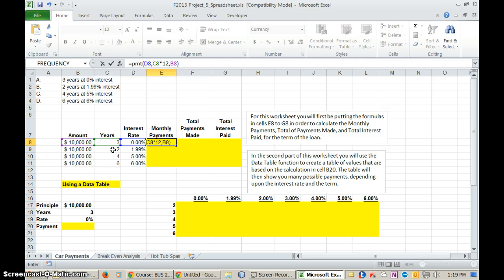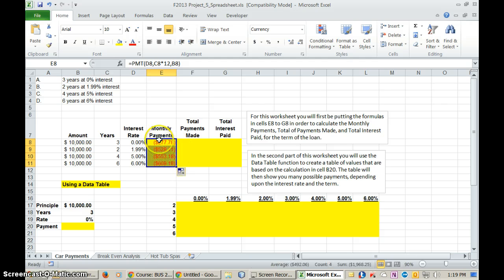We close the brackets, press enter, and we end up with 277.78, and it has brackets around it because it actually is a cash outflow, a negative amount. So we can copy this all the way down to the other cells, and you see here that it works fine in all of the other cells as well.